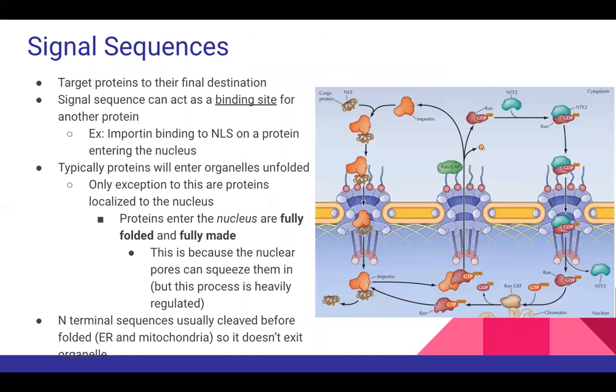Okay, so more on signal sequences. Signal sequences target proteins to their final destination, which I said. Professor Francis is big on saying that signal sequences act as binding sites for another protein. A great example of this that you've seen before in nuclear import and export is how Importin, which is a special protein involved in nuclear import, searches for the NLS on the exterior of a protein that's entering the nucleus.